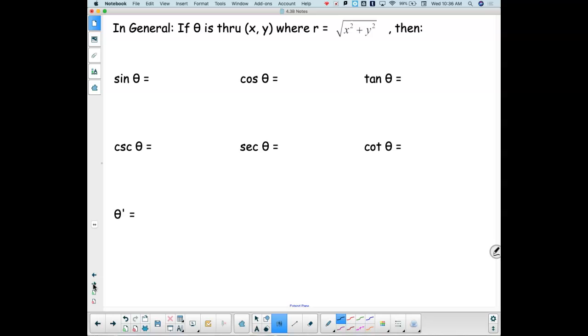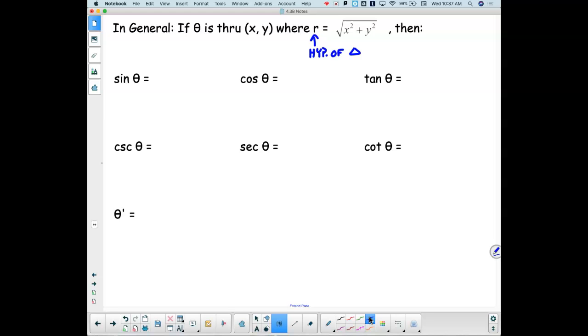Because r is the hypotenuse of my triangle. Why do we call it r? Radius of my unit circle, radius of my circle. That's why we call it r. So we haven't done anything new, just rewrote it in a little different way.